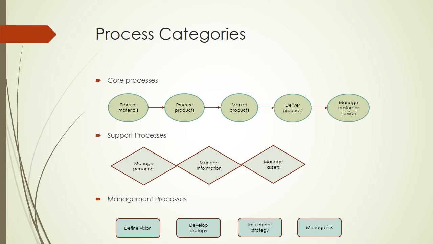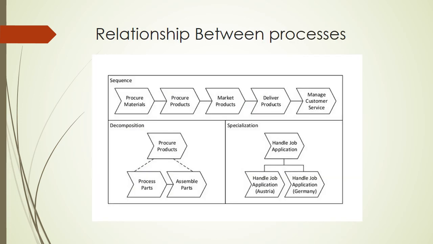The third is the management processes, which provide direction, rules and regulations, through which the management will define the vision and develop the strategy, then implement the strategy, and lastly manage the risk in the organization.